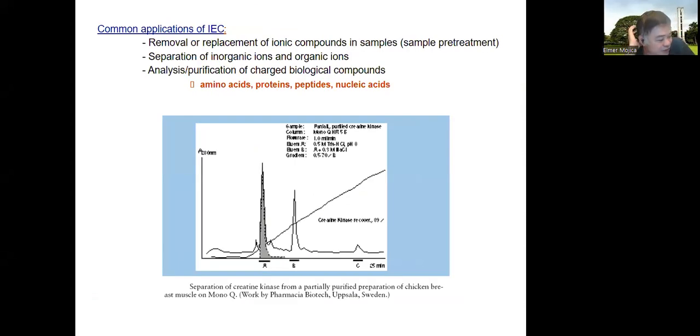Now, this is commonly used for ions or ionic compounds if you want to separate them. And amino acids, proteins, peptides, nucleic acids, you can separate them because they have some charges. And you can play around with the charges that you want to change in the pH.